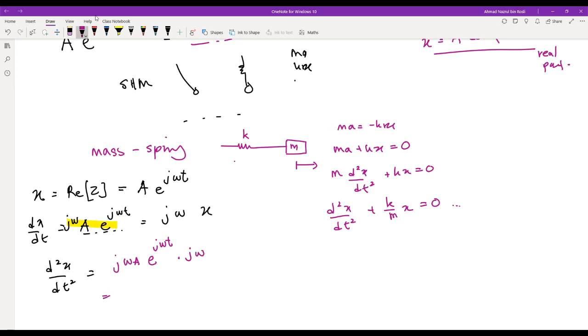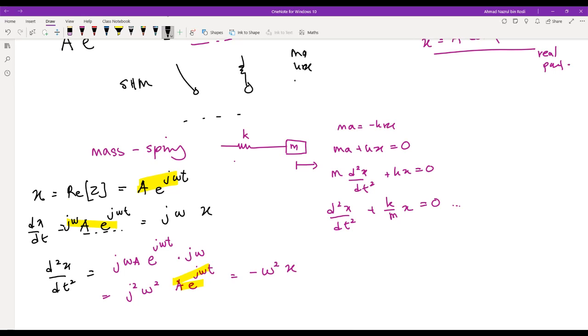So what happened here? We have a j square omega square exponential j omega t. j square is equal to minus 1. We have here minus omega square a exponential j omega t. It's the same thing here, so we have here x.